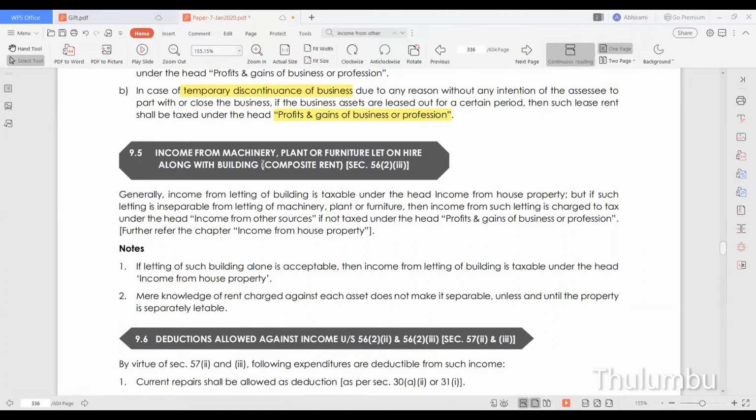So it is called composite rent. Composite rent means, along with the house property, that is the building, I am also letting out furniture, and I cannot separate the rate. If I cannot separate how much is for furniture and how much for house property, then the entire rent is taxable as income from other sources.